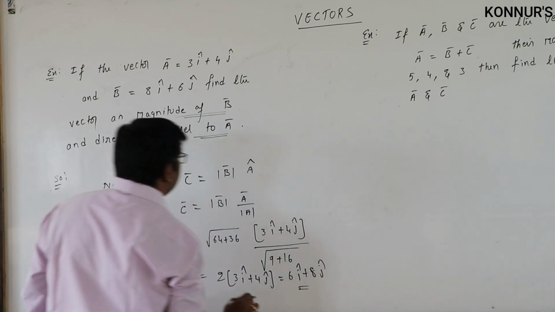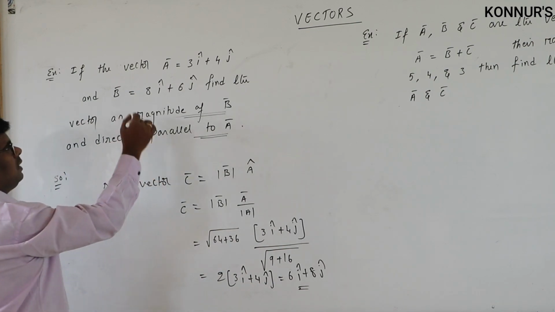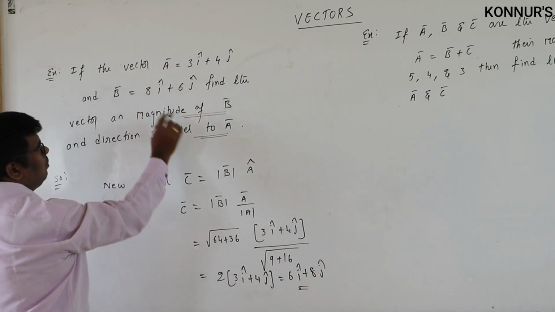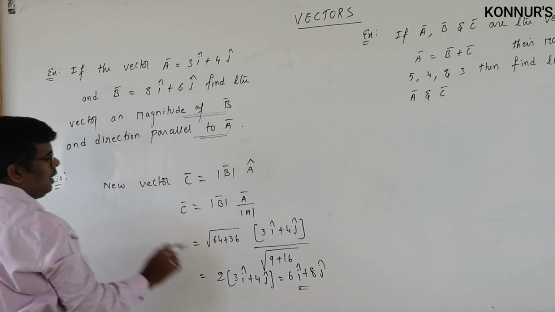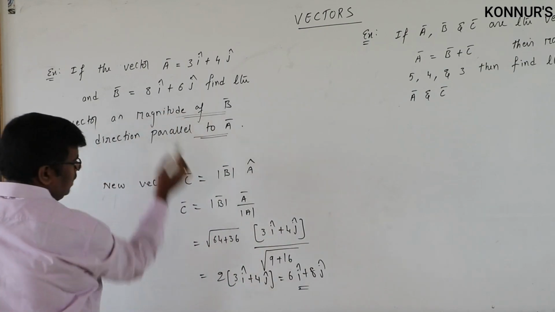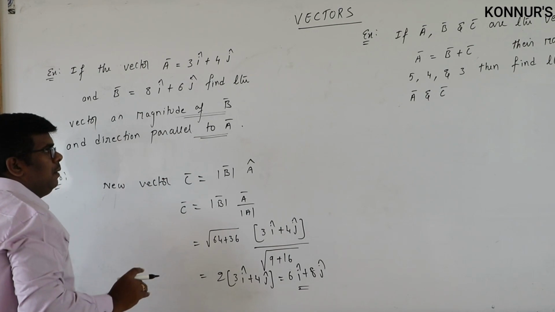This is the vector which has magnitude equivalent to b and its direction is parallel to a bar. You can understand here the magnitude of b is the same and its direction is along a cap.